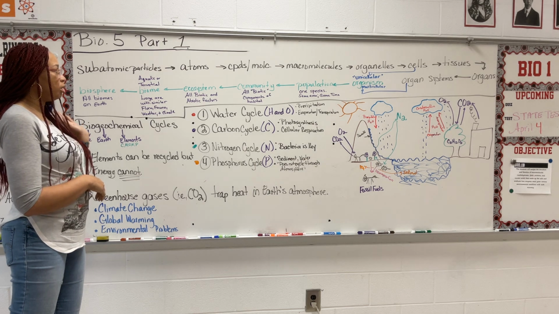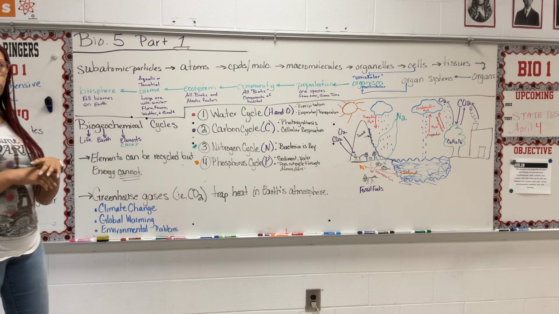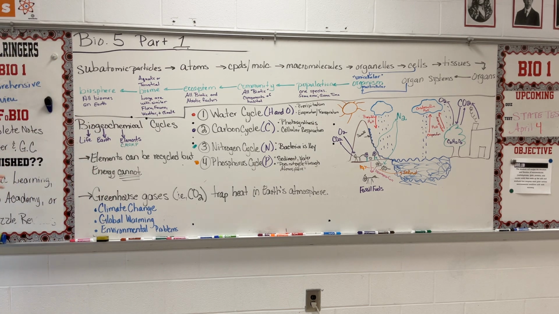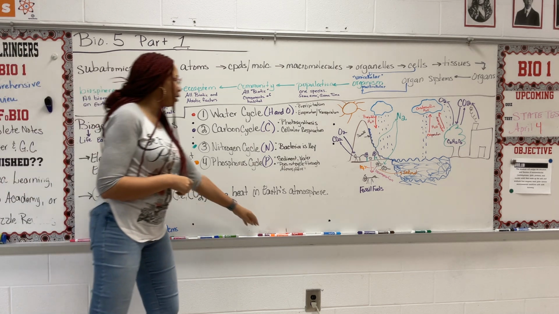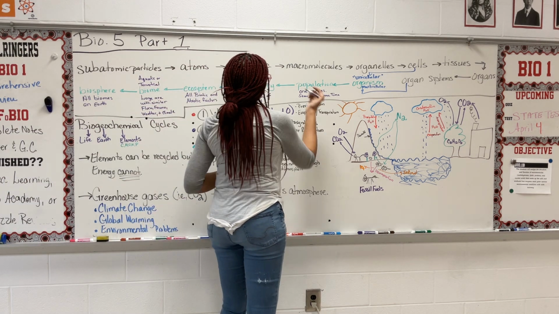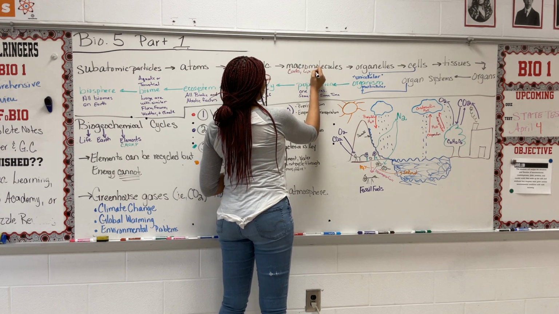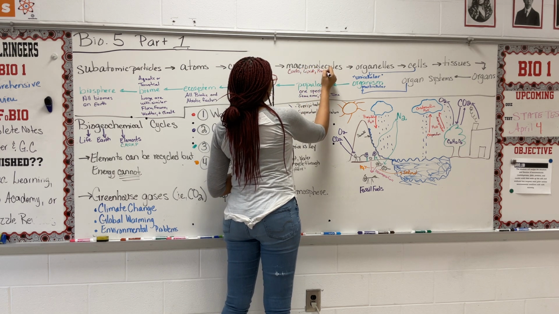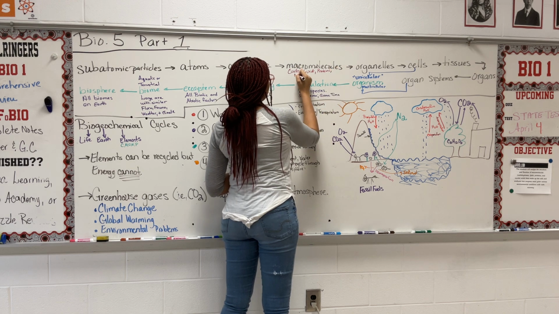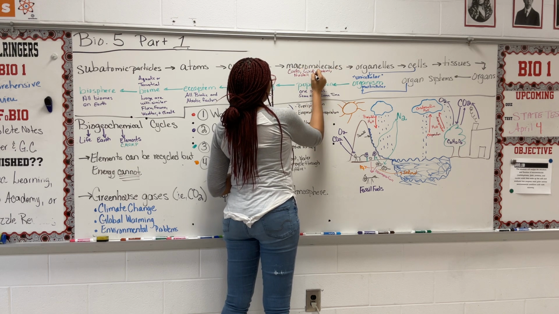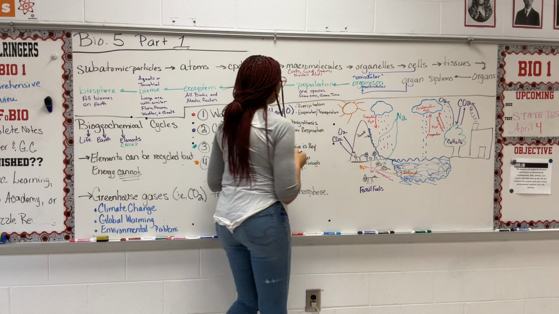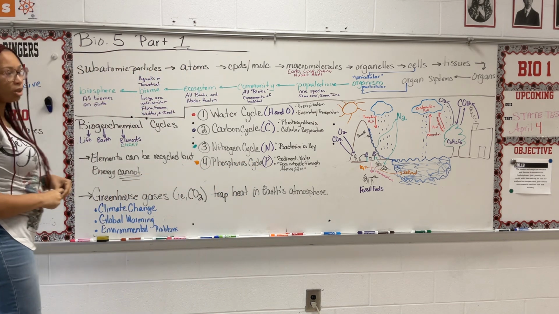And then you can have macromolecules, which are large molecules. Our macromolecules that we look at in biology 1 are our carbs, our lipids, our proteins, and we also look at our nucleic acids.